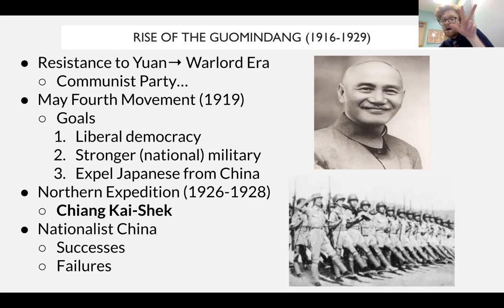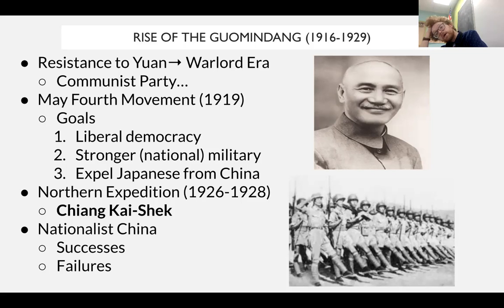We are going to see the co-option of this May 4th movement, this pro-capitalist movement, in the Guomindang Party. And we are going to see a very close alliance between the right and the liberals in the Guomindang Party.